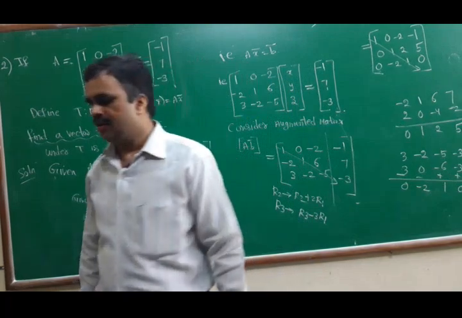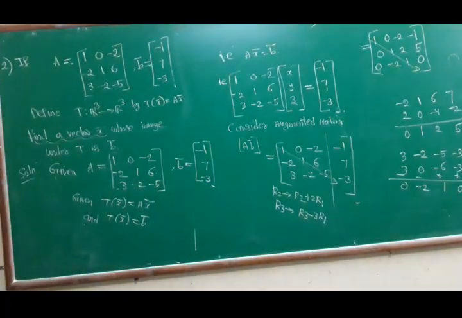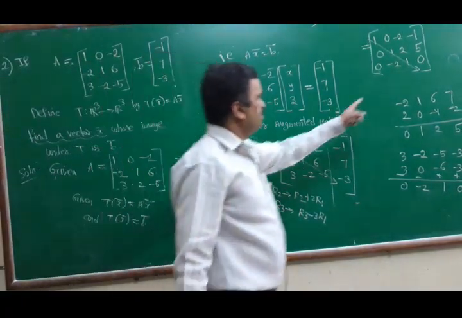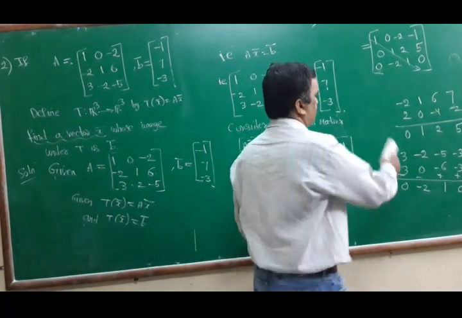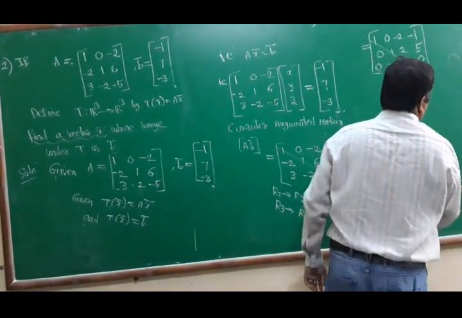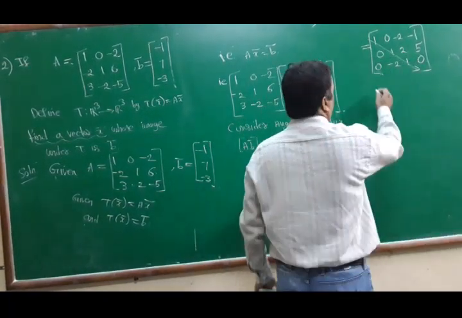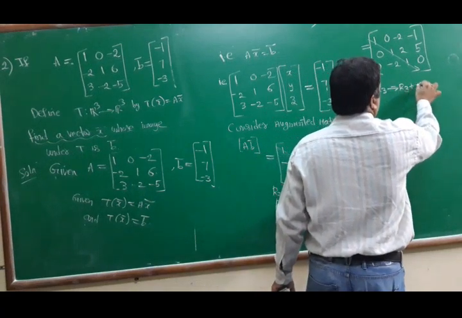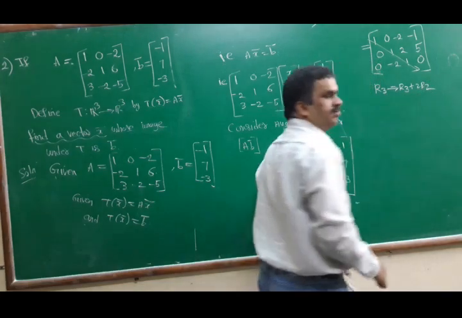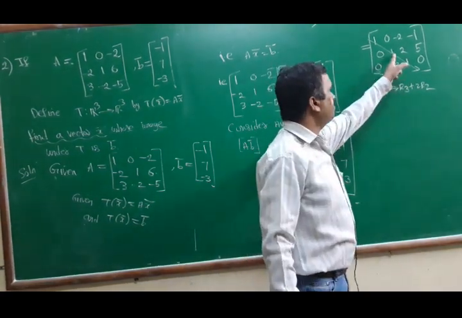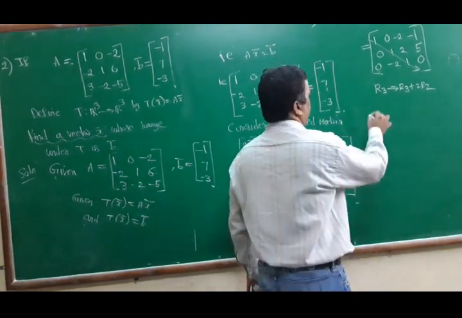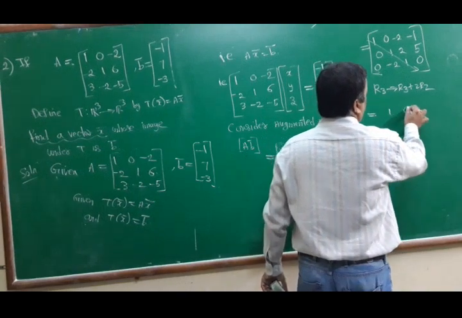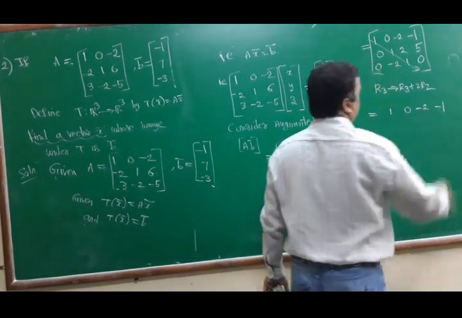We are doing echelon form, so again this bottom entry, this minus 2, we will make 0. R3 implies R3 plus 2R2: minus 2 plus 2 is 0. So I can write first row 1 0 minus 2 minus 1.